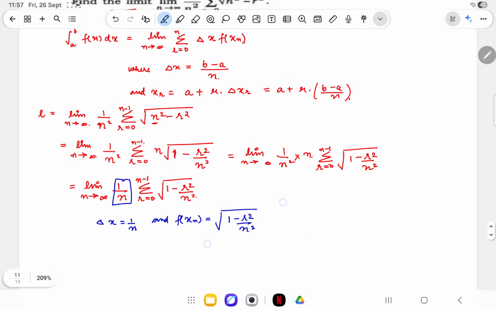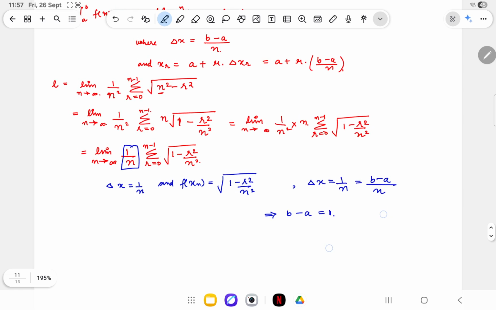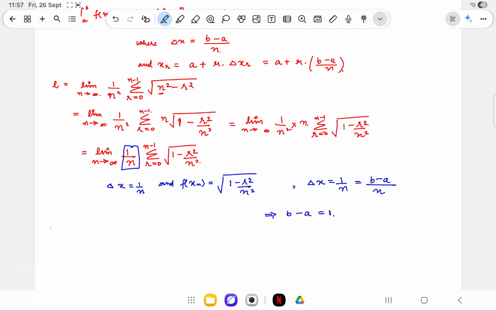Our del x is 1 by n, and 1 by n is equal to (b minus a) by n. So from here we can say that our b minus a will be 1.